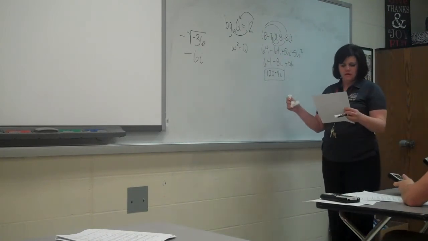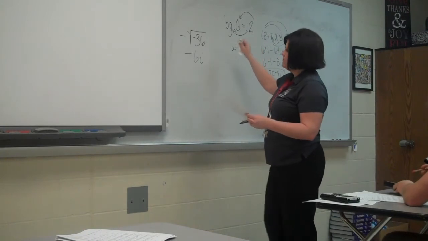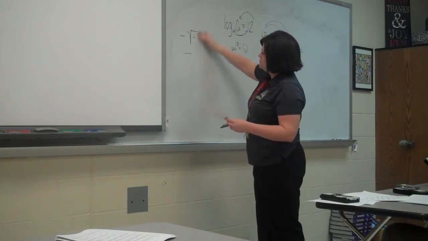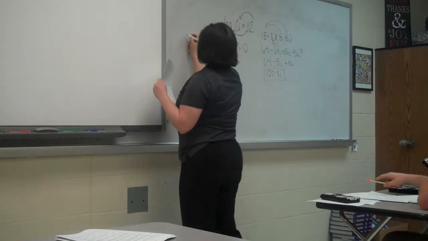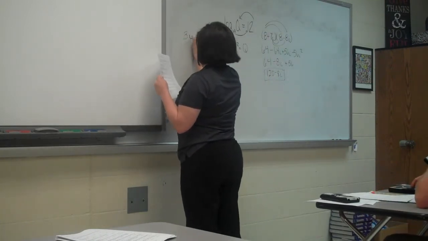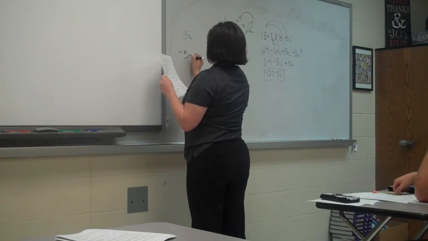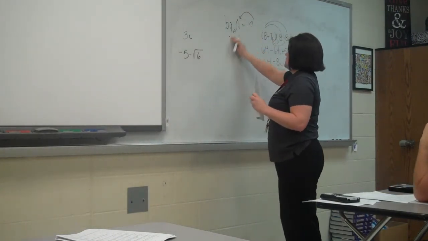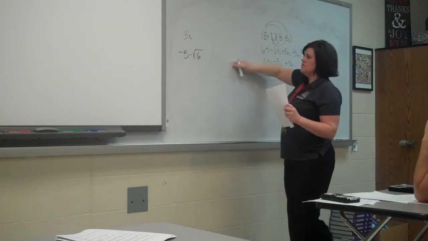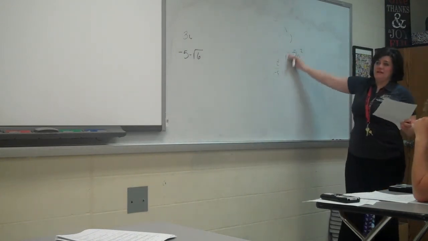Alright. Suppose a polynomial function of degree 4 with rational coefficients has 3i and negative 5 minus the square root of 6 as zeros. The way that zeros work in polynomial functions, if you have rational zeros, you really can't do anything about that.